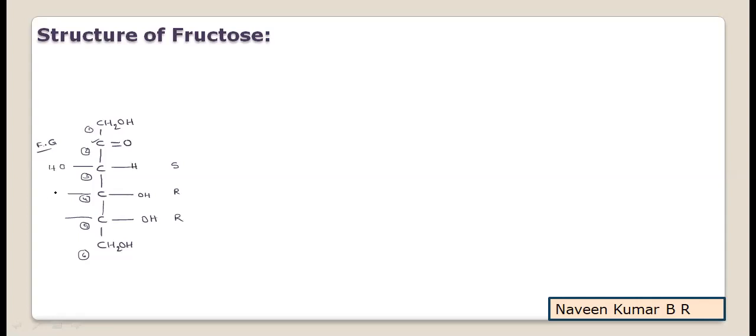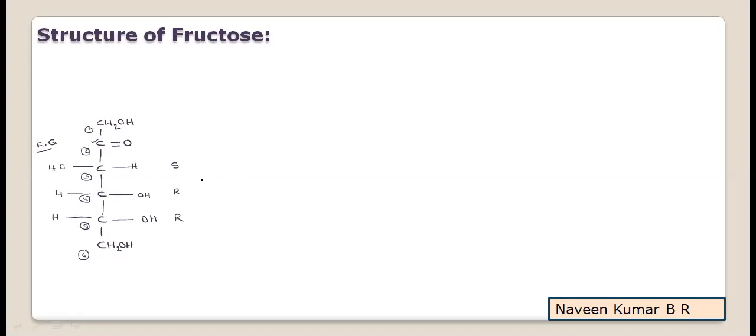This configuration is the same, or you can also observe that except for the first and second, the remaining is all the same as that of glucose. From the third carbon to the sixth carbon, the configuration and the formula, everything is the same as that of glucose, but the first one is CH2OH instead of CHO, and the second one is the main functional group, the ketone group, C double bond O. By remembering this, you can easily practice the structure.